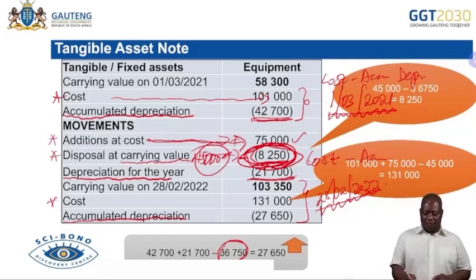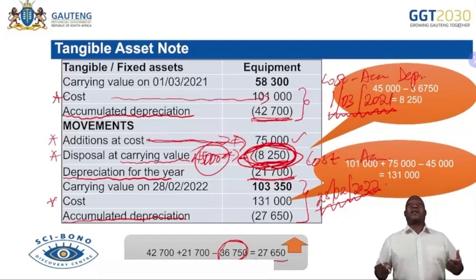So we are going to have 27,650 as the total accumulated depreciation. Thereafter, what are we going to do now? We are going to use the cost minus accumulated depreciation to find our carrying value at the end, 103,350. On this one, we are done and dusted.